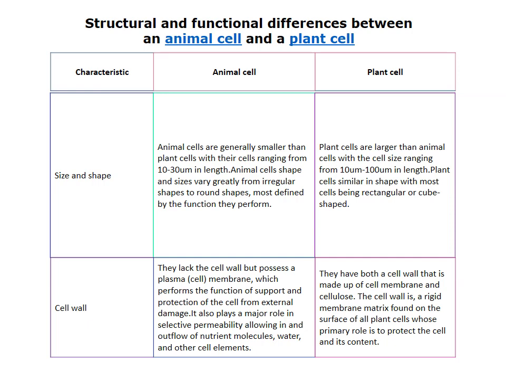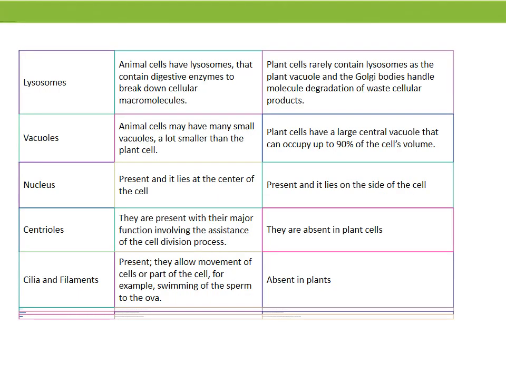Cell wall is absent in the animal cell but present in plant cells. Lysosomes are present in animal cells. They contain digestive enzymes to break down cellular macromolecules, but in plant cells they are rarely found, because the plant vacuole and the Golgi bodies handle degradation of waste cellular products.